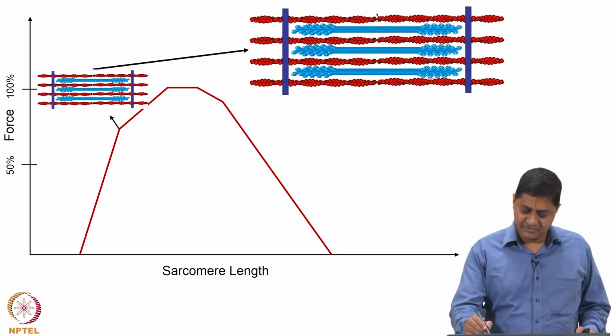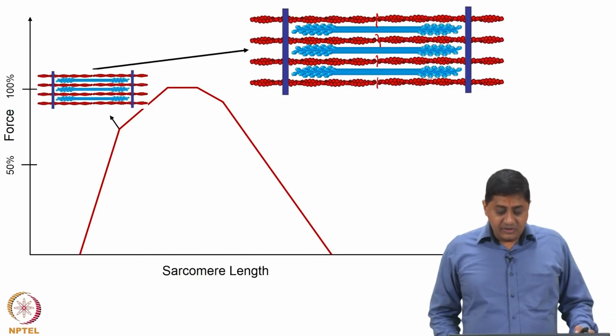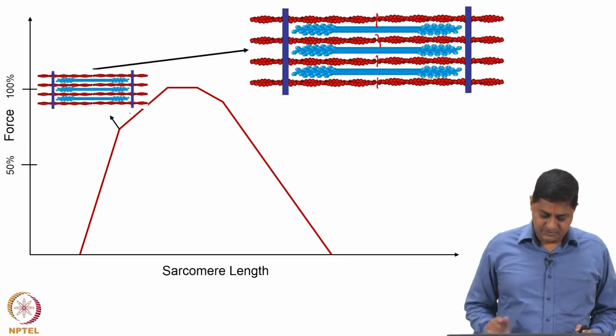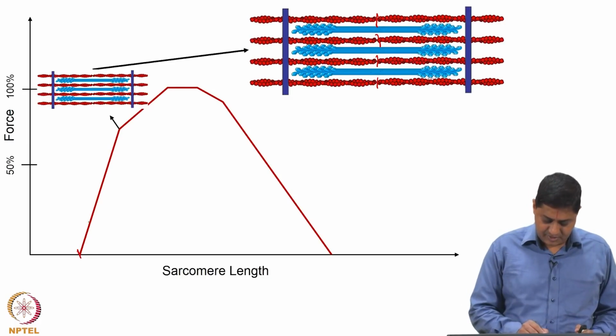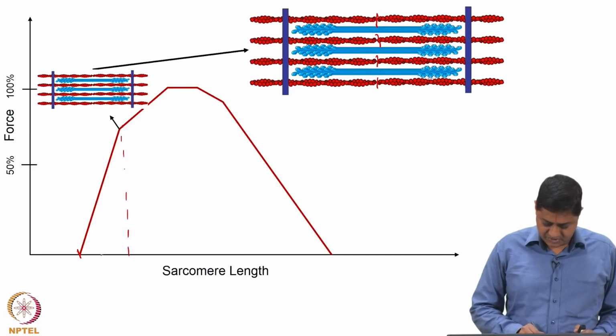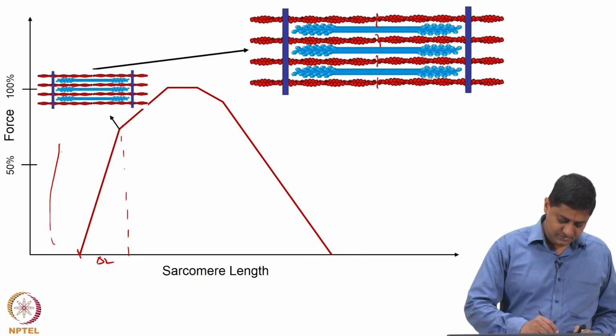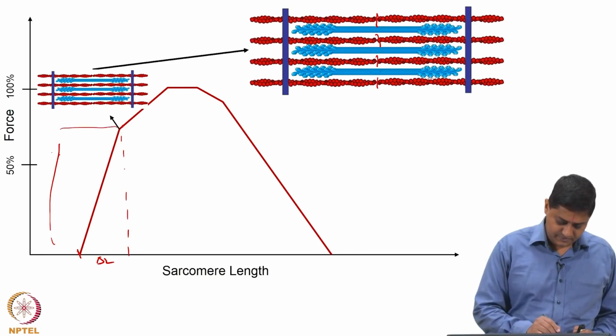So, here is the tip of the actin filaments. Now, around here the force increases as the length increases. So, the length has increased from that point to that point. So, that is the change in length, whereas the change in force is that much, okay.